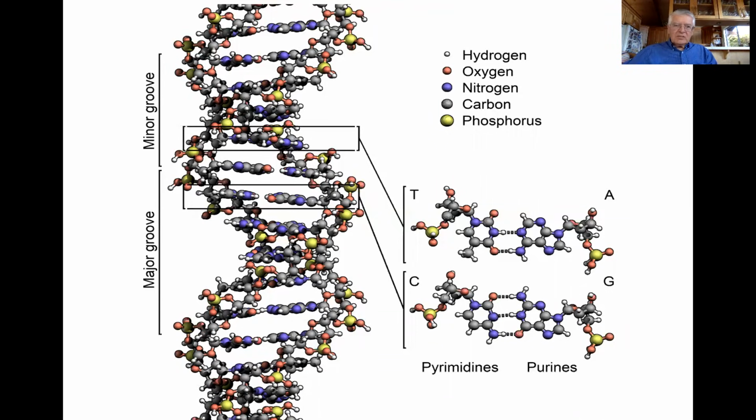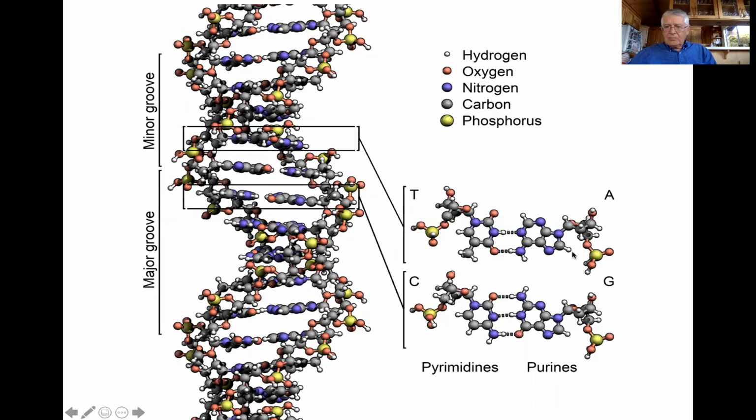So its basic structure is this long linear piece on the outside, and then attached to this linear piece are these sort of side branches. All right. These side branches here exist in 4 different structural forms: A, T, C, and G. You see they look somewhat similar.